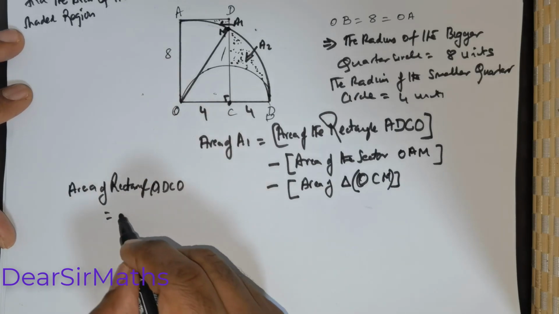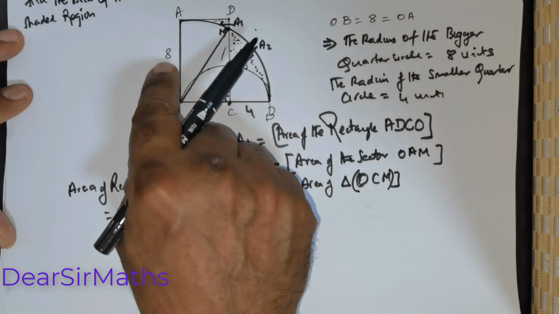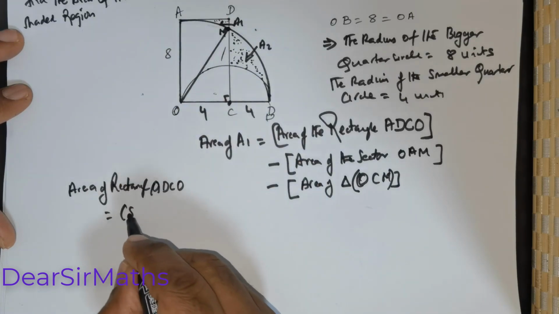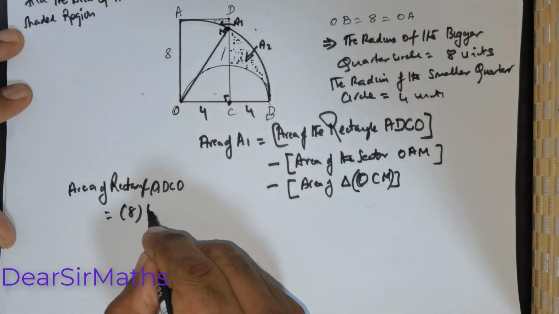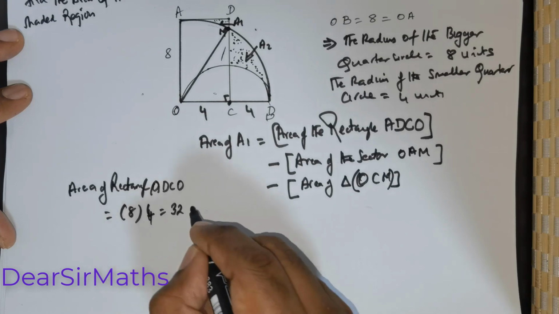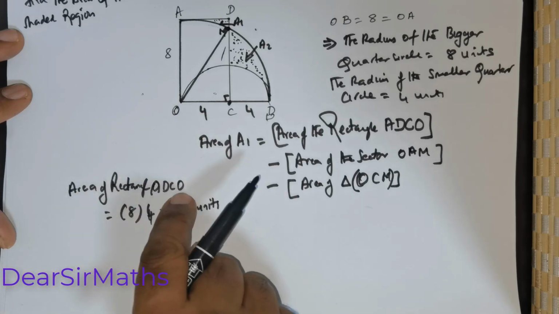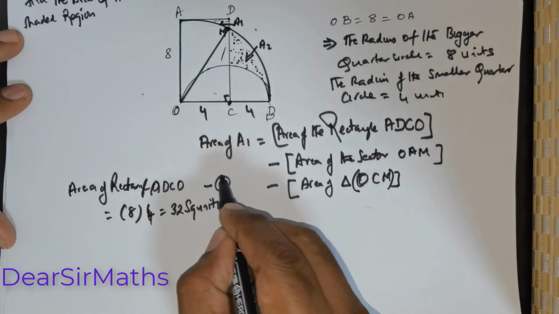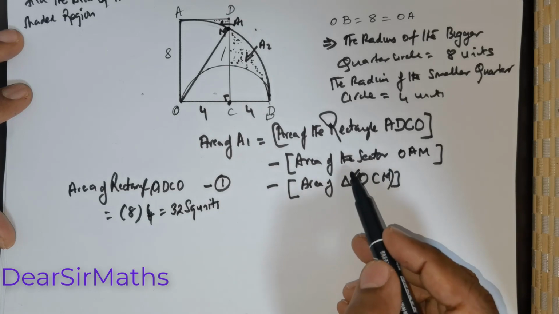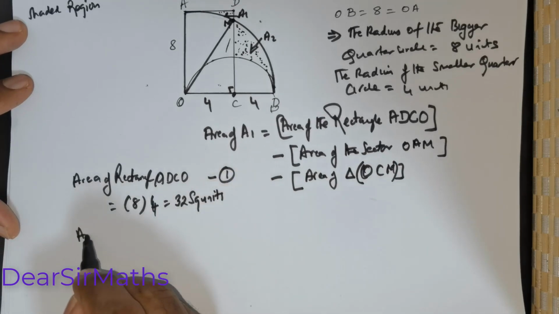So length into width or length into breadth, you can name it. So what do you get when you multiply the length 8 into the width? That's 4 there. So 32 square units. So this is the area of this rectangle. Okay, fair enough. So this is number 1. Step 1 is done. Now area of the sector OAM. So what is the area of the sector? Step 2.